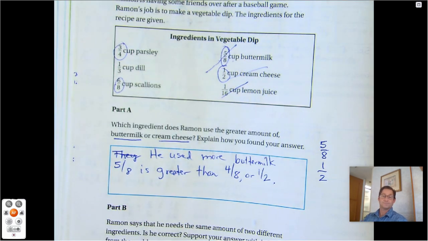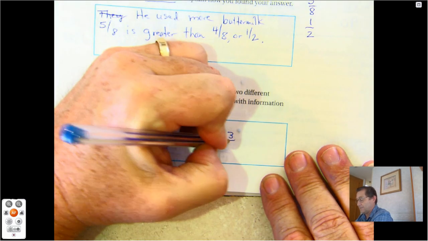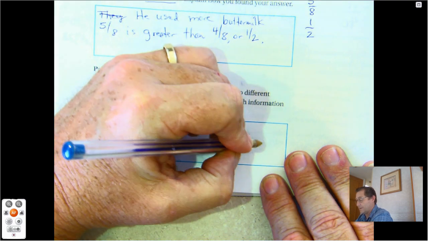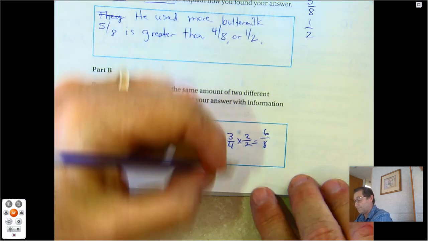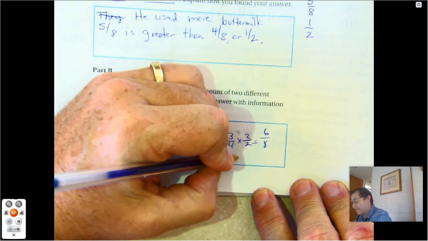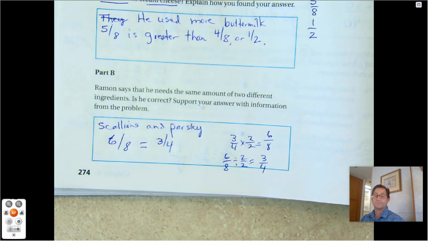Right? If I take 3/4 and multiply by 2, I would get 6/8. Or if I took 6/8 and divide by 2, I'd get 3/4. Either way.